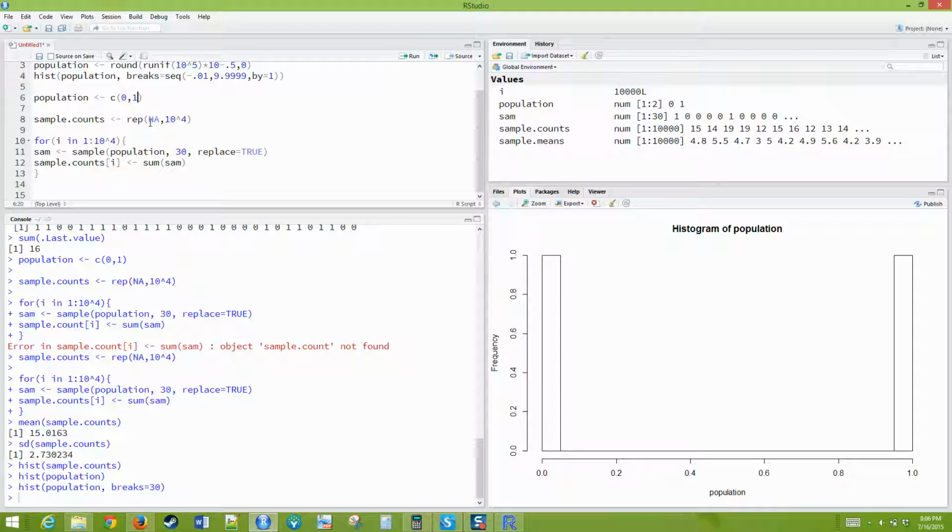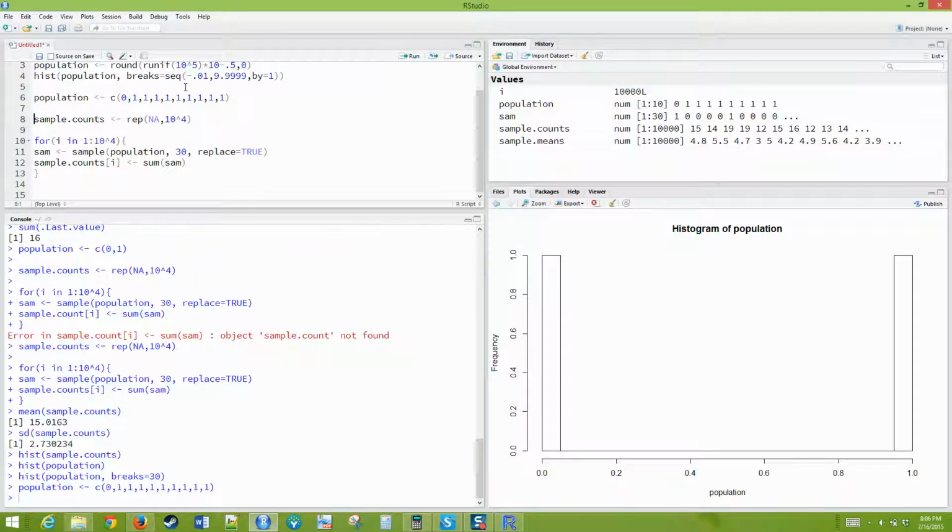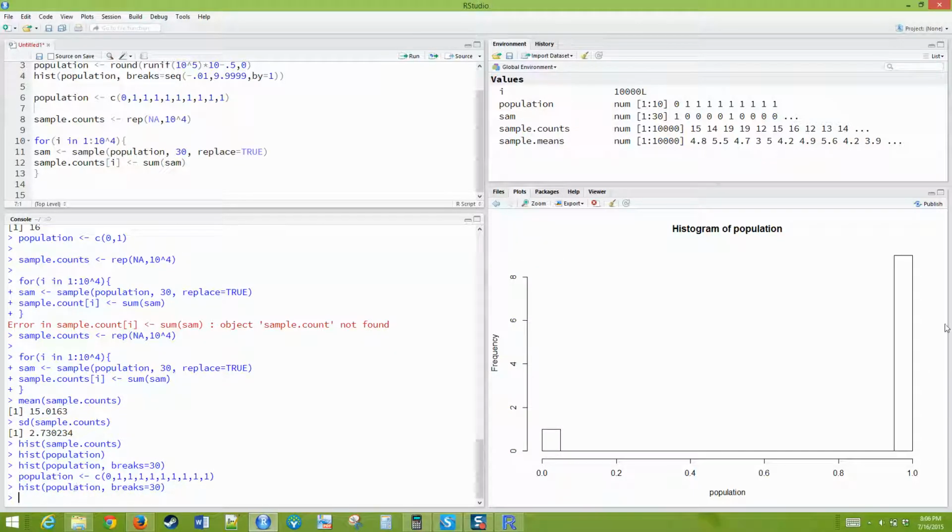Then I could make my population have one 0 and nine 1s or something like that. Let's see if I can. I can run this, and I can ask for it to do the population. Okay, and we get something like this.